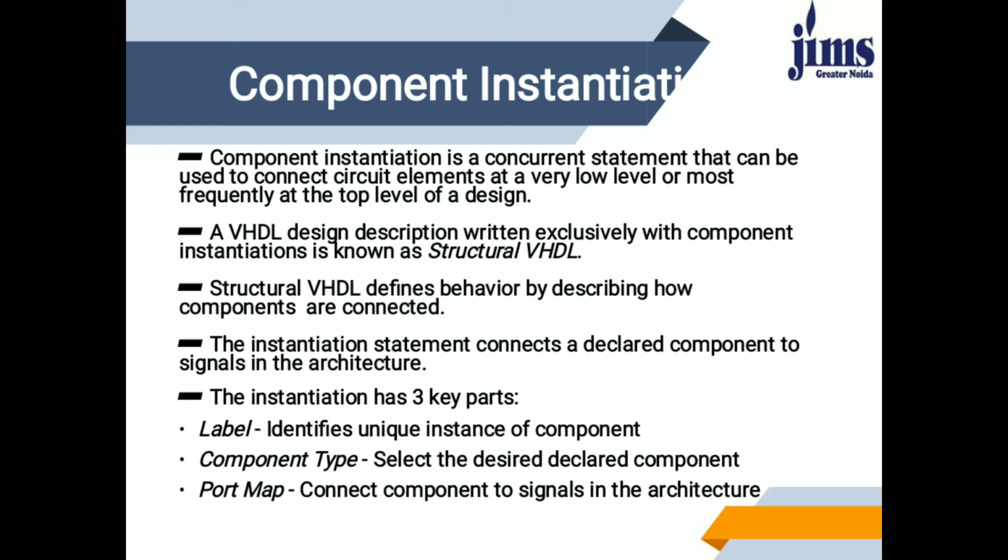Component instantiation is creating an instance of a specific component by associating its local ports to signals of the top level entity. It puts the component used in executable form for the top level entity. Here the port map statement is used for component instantiation.